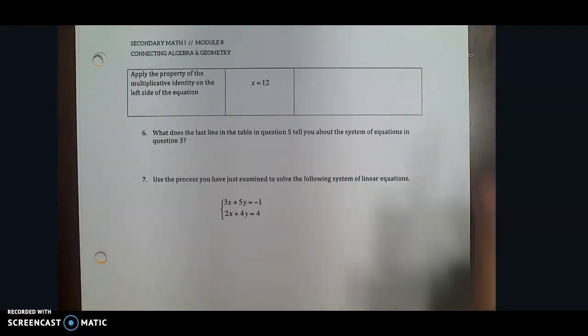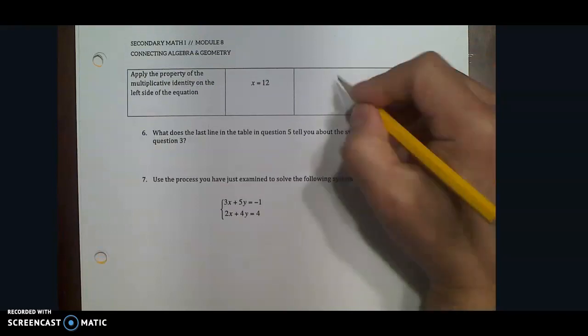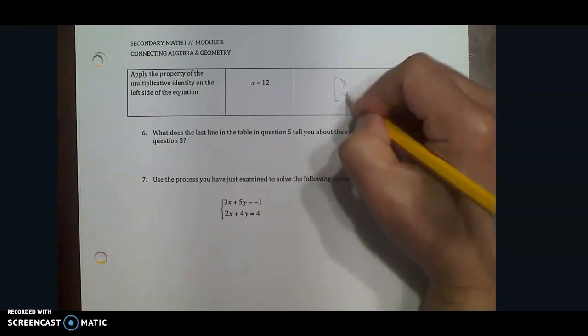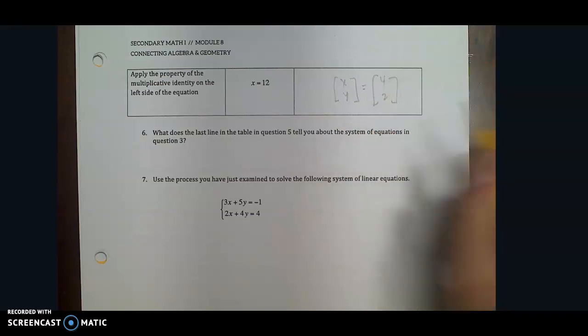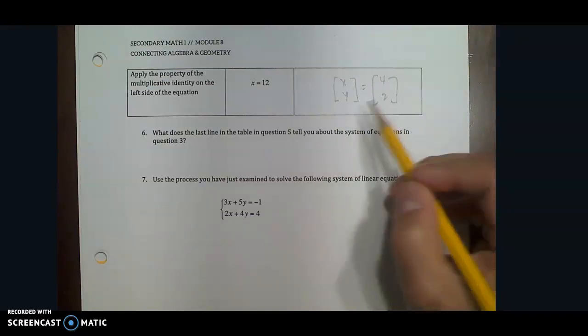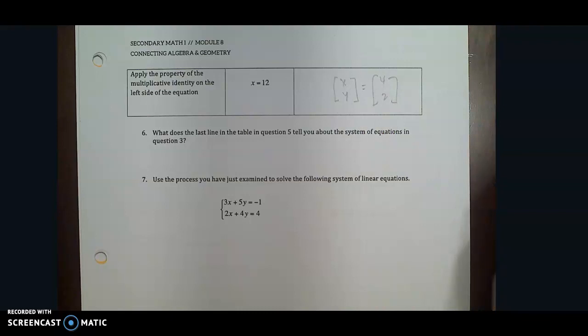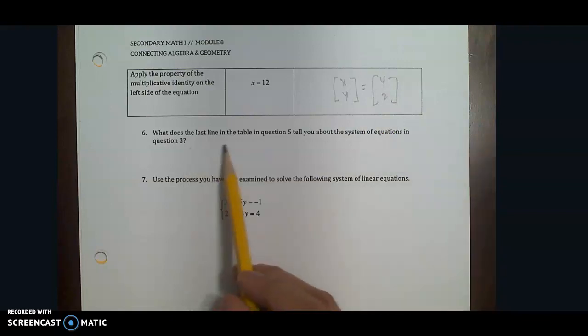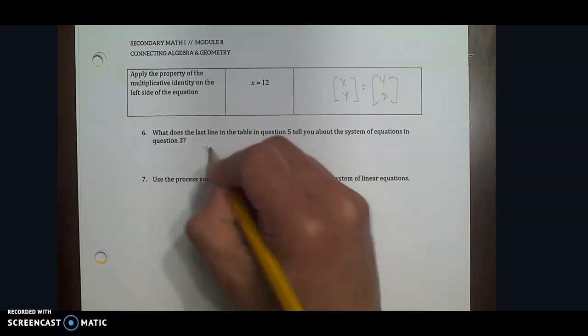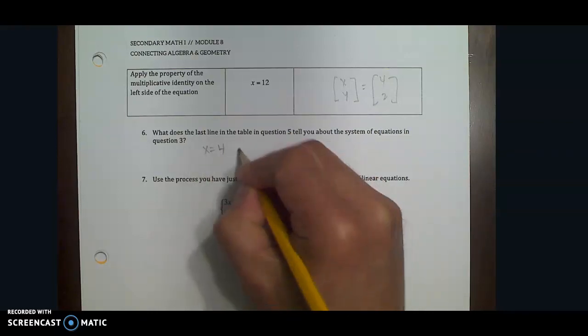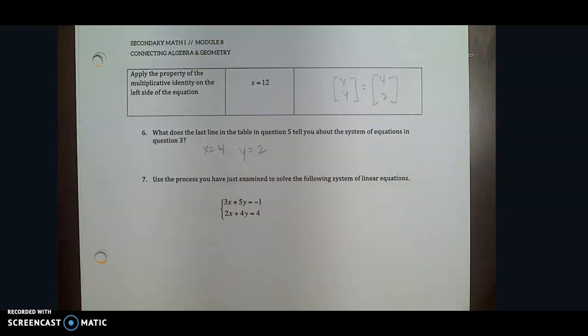So x is equal to 4 and y is equal to 2. What does the last line in the table in question 5 tell you about the system of equations? It tells us that x is equal to 4 and y is equal to 2 in that system.